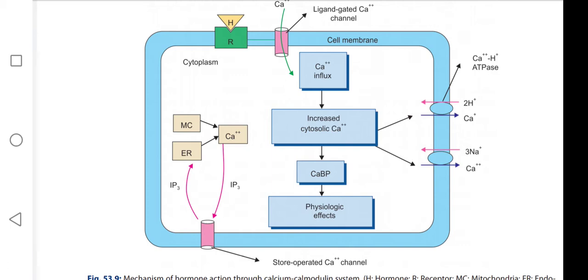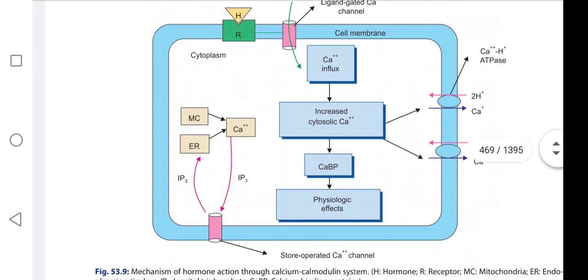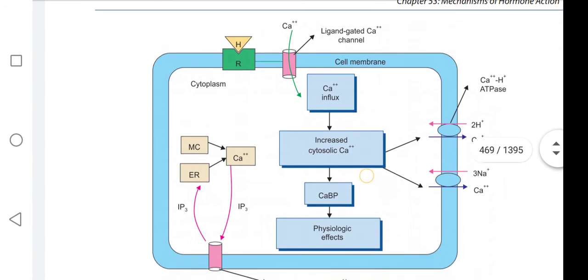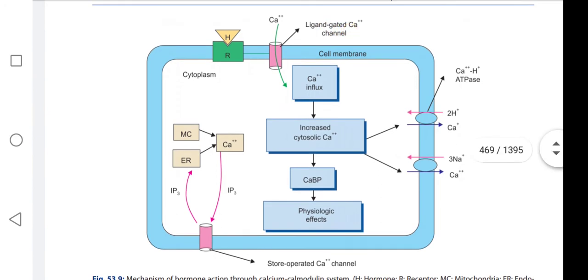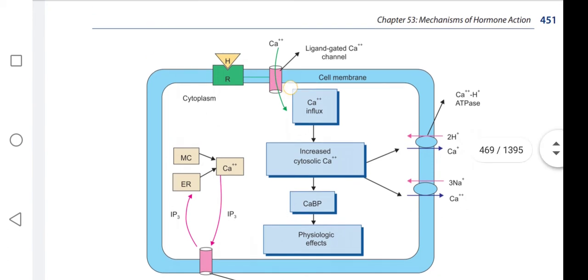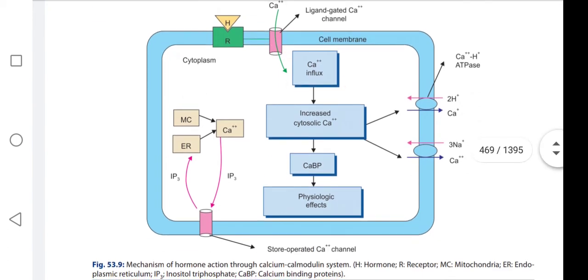Due to the release of calcium from the endoplasmic reticulum and mitochondria, it activates the store-operated calcium channel for the entry of calcium from the ligand-gated channels into the cytoplasm.